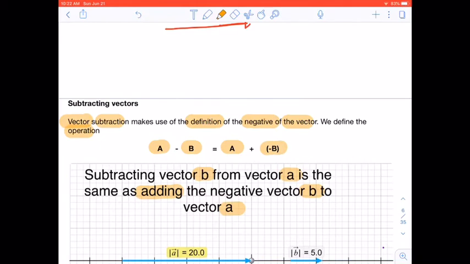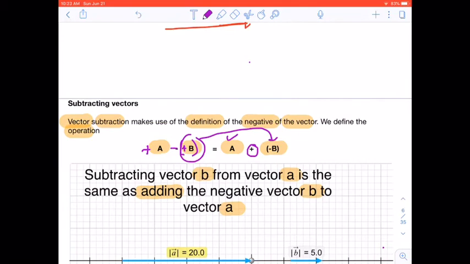So when given subtraction in terms of vectors, we need to be able to interpret what's being said here. This is vector A in that direction, and here we're subtracting vector B, which is also in that direction. But when we represent it as vector addition, we have vector A, and vector B's direction gets reversed. So these two are equivalent.